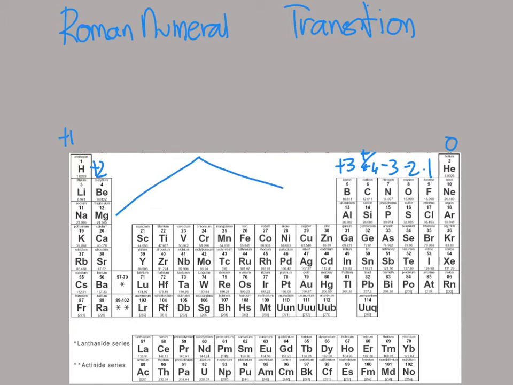When you look at these center sections and these elements over here, they all have multiple charges. And you will have to use a Roman numeral to show what charge you're dealing with.